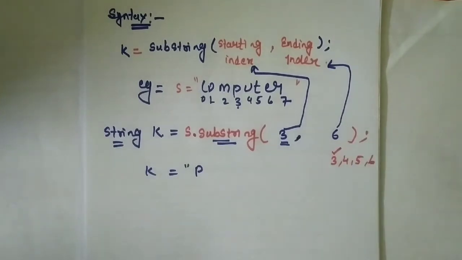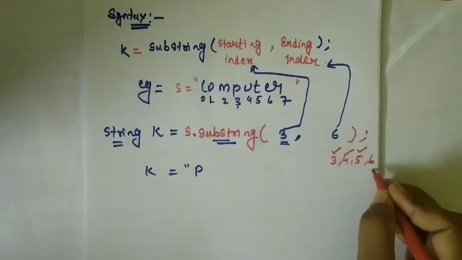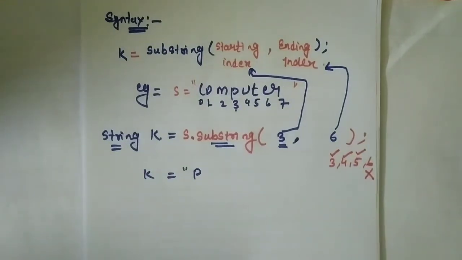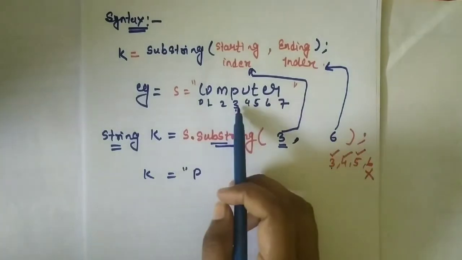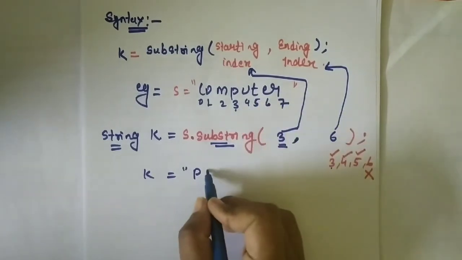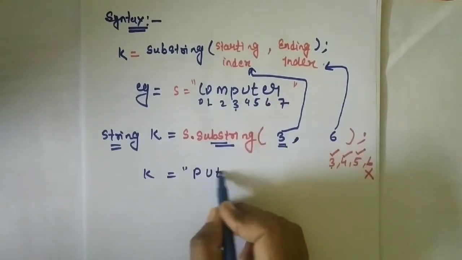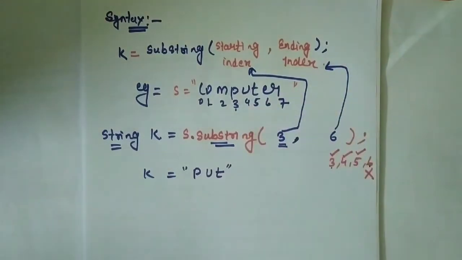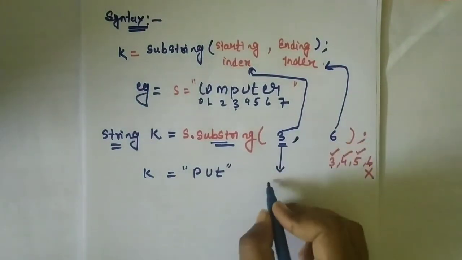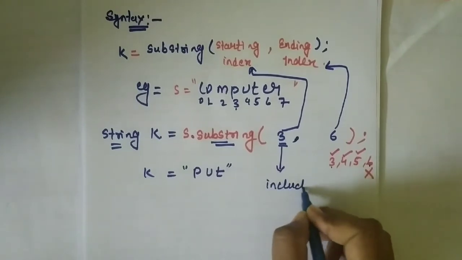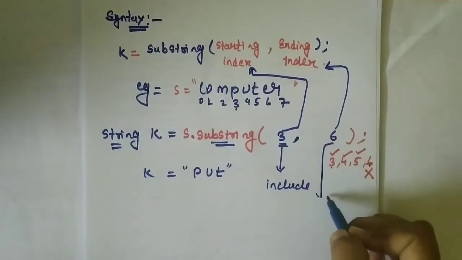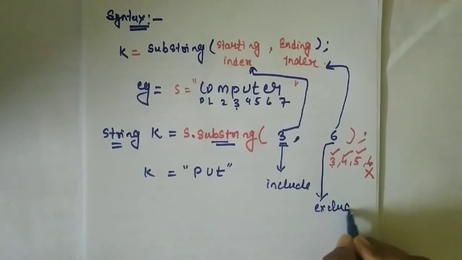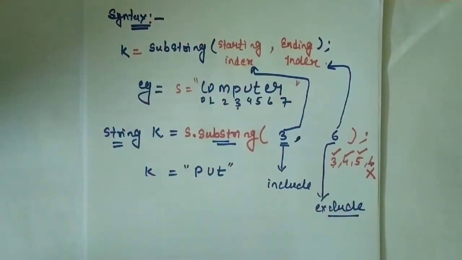It includes the third character, the fourth character and the fifth character, but it doesn't include the sixth position character. In the third position there is P, the fourth position is U, the fifth position is T, and the sixth position is R. But we don't write the sixth position character. What is the reason? The reason is that it includes the starting position, but it excludes the ending position.